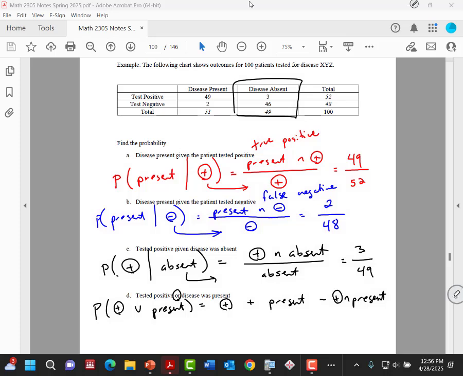That would be 52. Plus, how many was the disease present? That is 51. Subtract positive and present. That would be 49. So 52 plus 51 minus 49 gives us 54 out of 100 total. So this is the probability that someone tested positive or the disease was present.